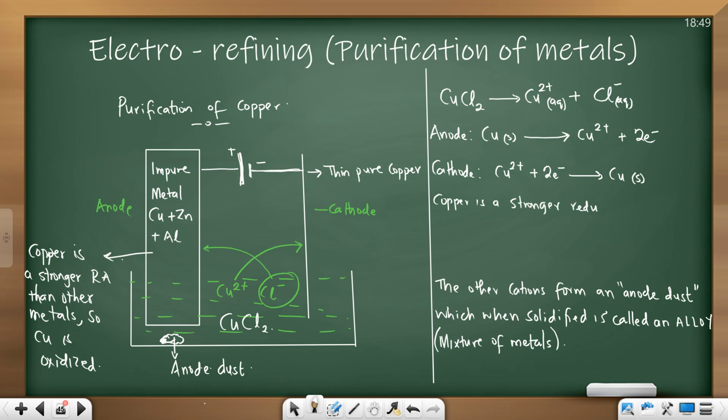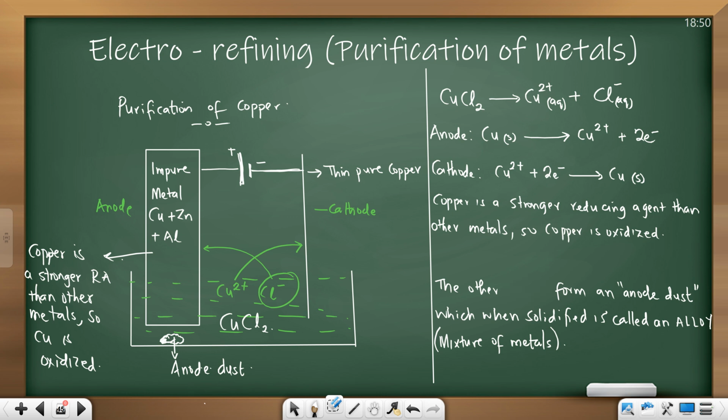Stronger reducing agent than other impurities, other metals that will be found there. So copper is what? Oxidized.